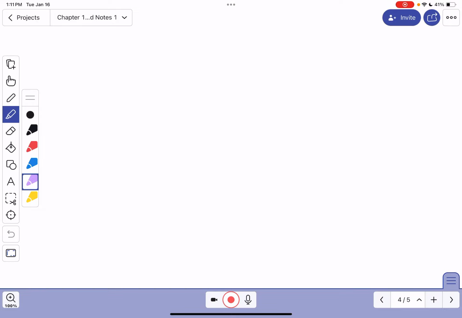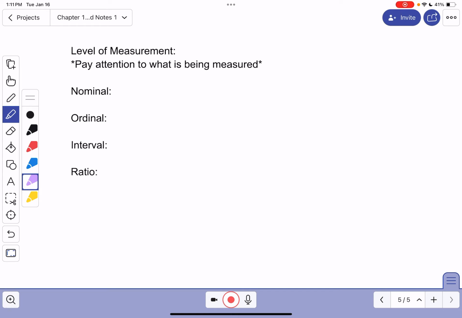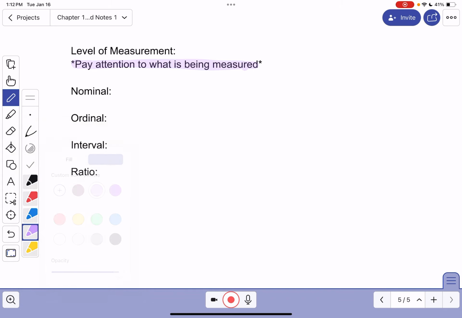Now, you can categorize data. There's levels of measurement. Depending on the answers, you can do different things. But you need to pay attention to what is being measured, because again, like the zip code can be qualitative, you want to pay attention to that. So nominal data, all that does is name something.